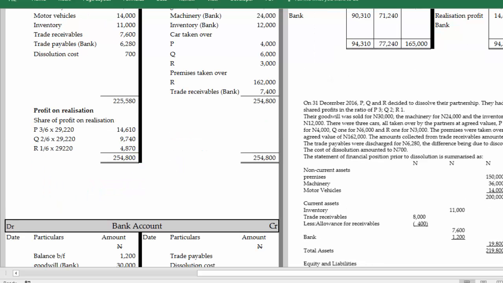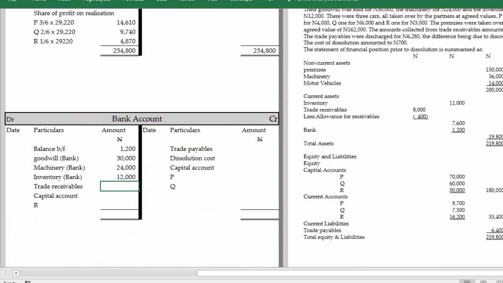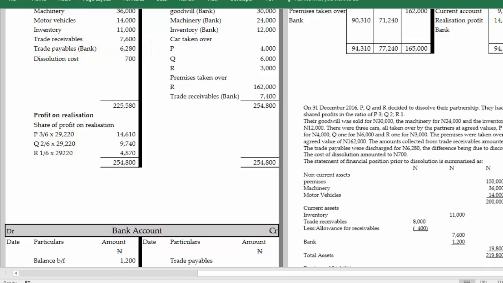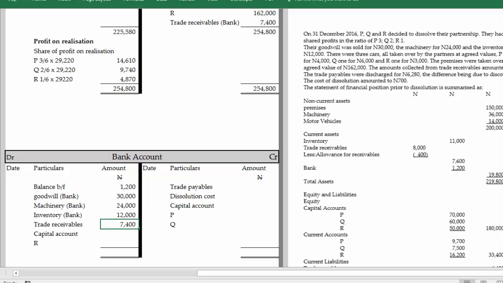The one I have here in the bank again is the trade receivables, 7,400. Then the payments were to trade payables, 6,280.